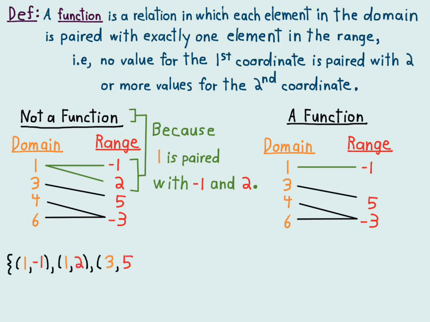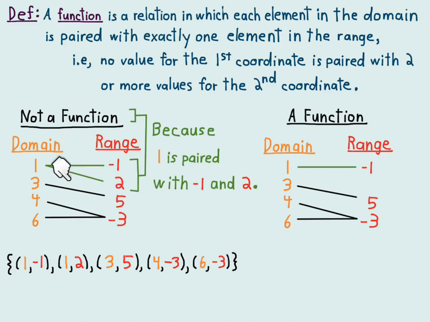So I just wrote out what these sets are as a set of ordered pairs. This is the thing that's not a function. This is what it looks like if I just write it as a set. There's (1, -1), (1, 2), (3, 5), (4, -3), (6, -3), right?